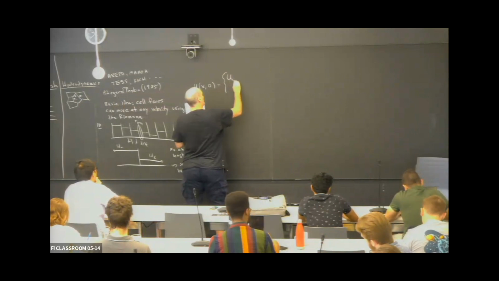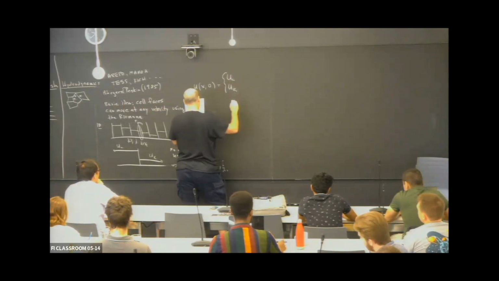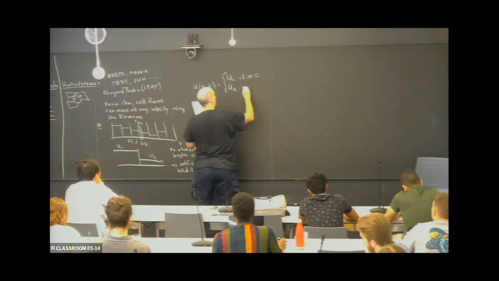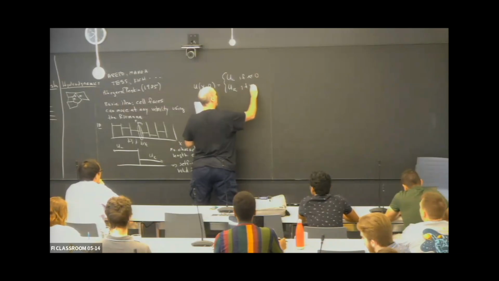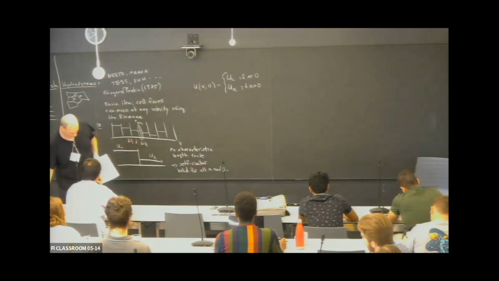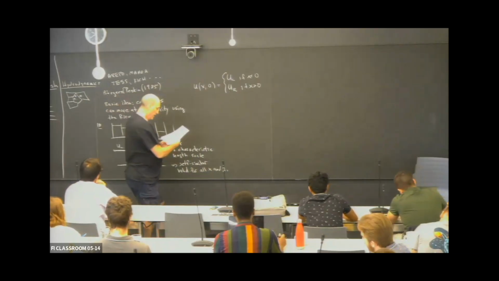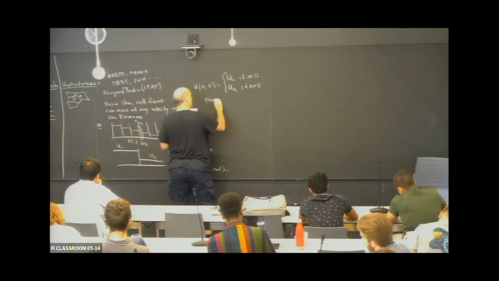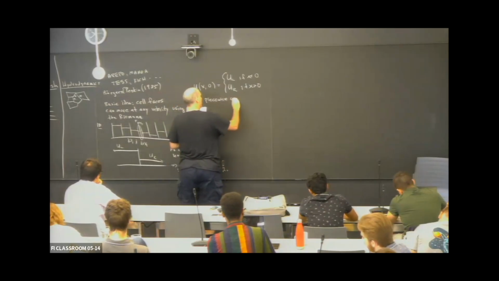It's the simplest interesting one: it's U left if x is less than 0, and U right if x is larger than 0. Okay, and so this is a piecewise constant initial data.